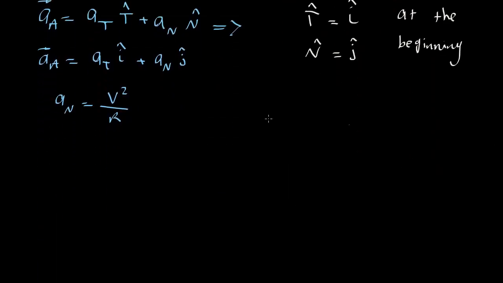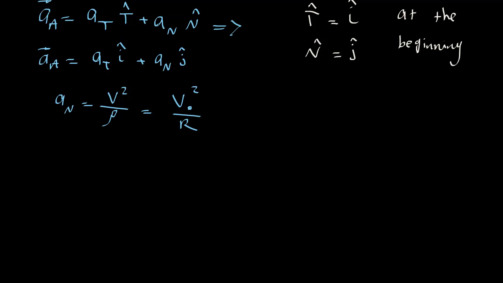So a_n for our problem is going to be v naught squared over r, or this was actually rho. So let's write this in the general format. For the curvilinear coordinate system, we had this equation, and here we have rho, the radius of curvature, and also the velocity.